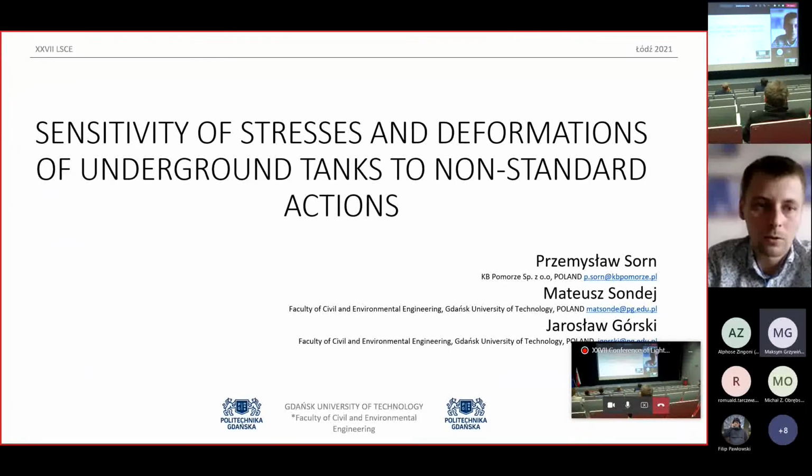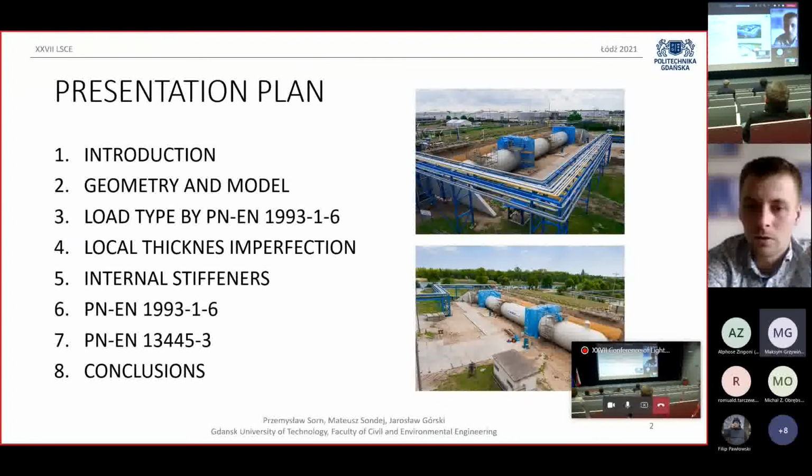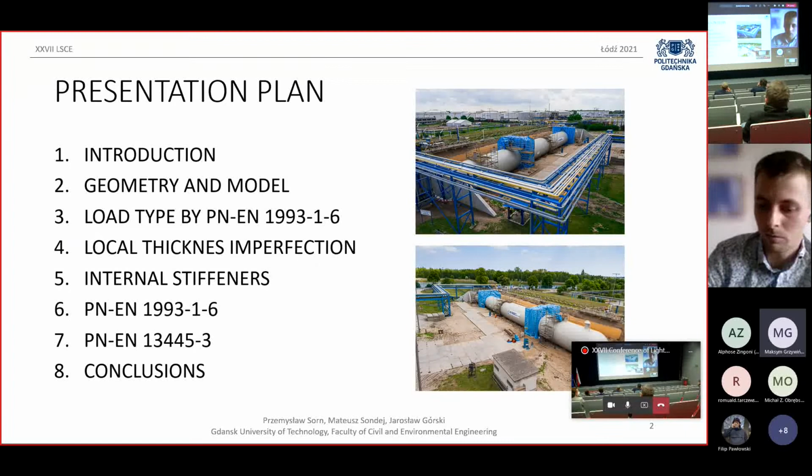Today, I would like to give you a presentation about the sensitivity of the stresses and deformation of underground tanks to non-standard actions. The tank taken into consideration is a real tank that was built around 7 years ago, and right now was put into operation. During these 7 years, it has already been working.